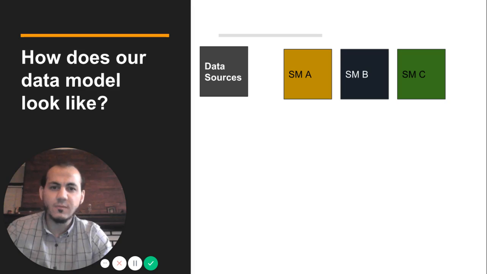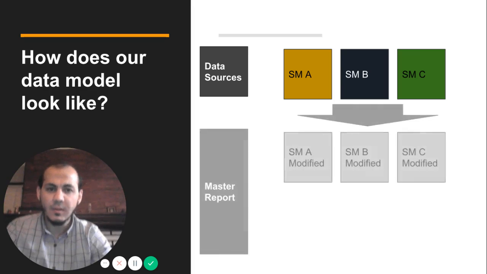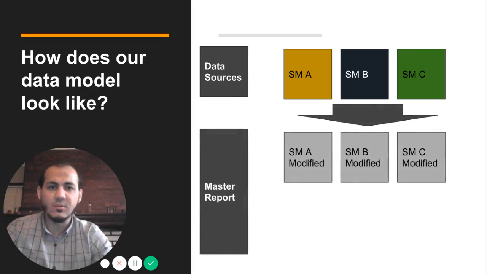So first of all, we will have data sources, which will be supermarket A, supermarket B, and supermarket C. And as we established earlier, there is a specific report in our POS system that is common in all 3 of these POS systems. So now we will get that data and have our managers dump it daily at the end of the day.